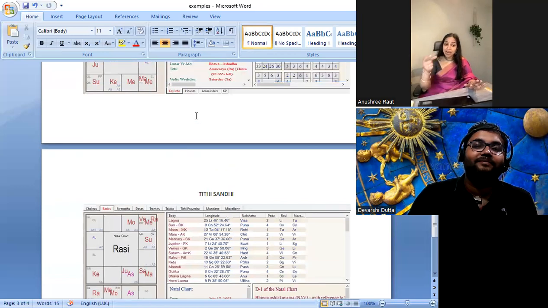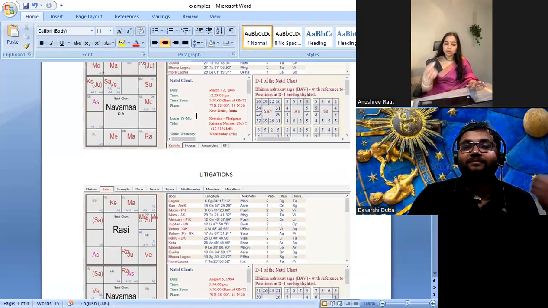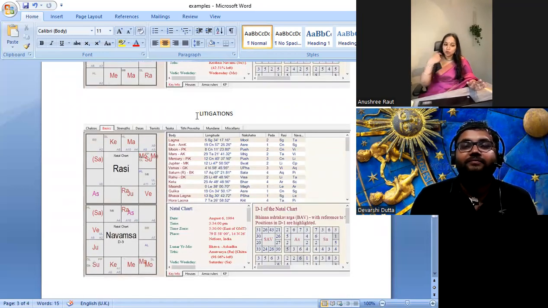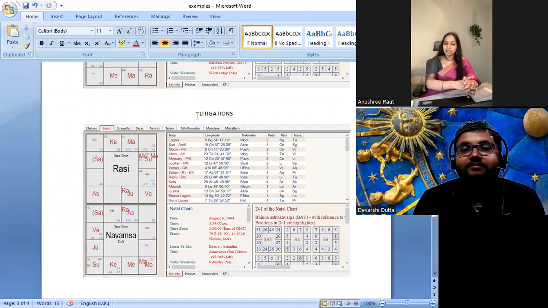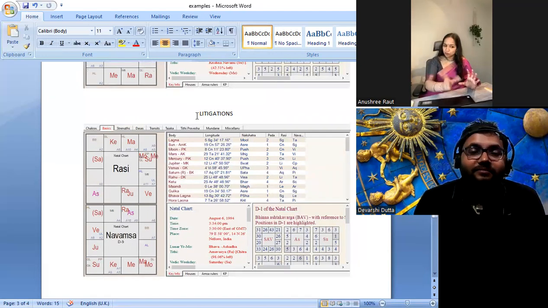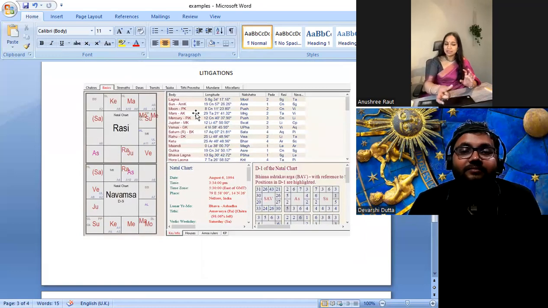Okay, but that Mars Sandhi, I'm just giving you an example of how the Atmakaraka has a soul change in his life suddenly. As I said, Saturn is also in nakshatra Sandhi and that Mars in Sandhi. So the minute he conceived, everything went haywire. So how that timing, and Saturn returned in Aquarius, which is the toughest time for him.